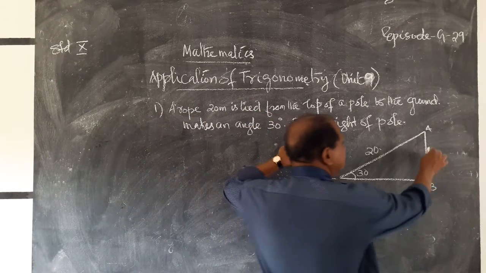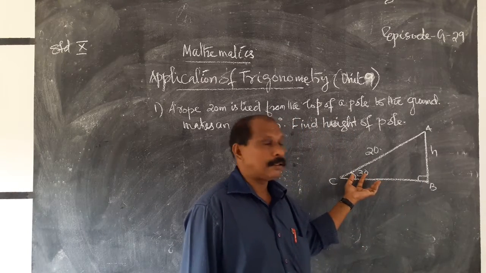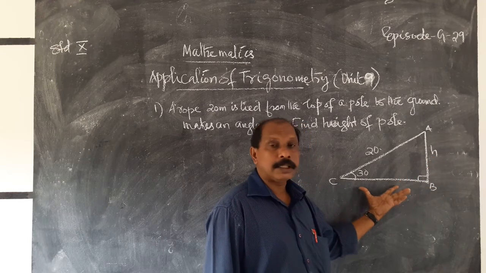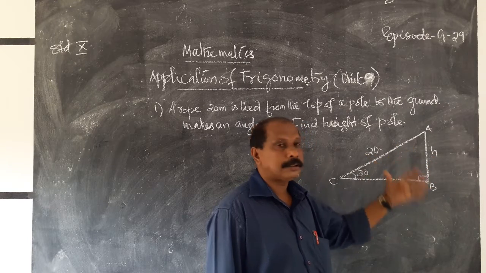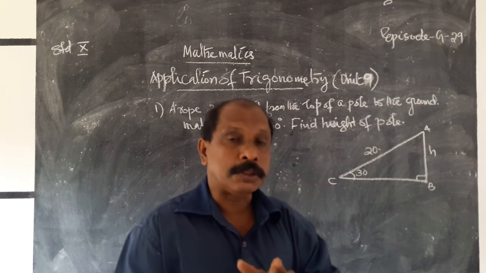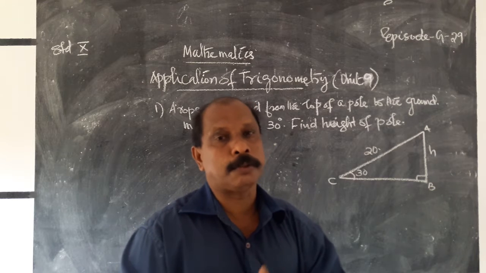Assume the value is h. Then the angle is 30 degrees, therefore h is the opposite side, BC is the adjacent side, and AC is the hypotenuse. Therefore, we can find h using which formula? Sin theta. Sin theta is opposite side by hypotenuse.